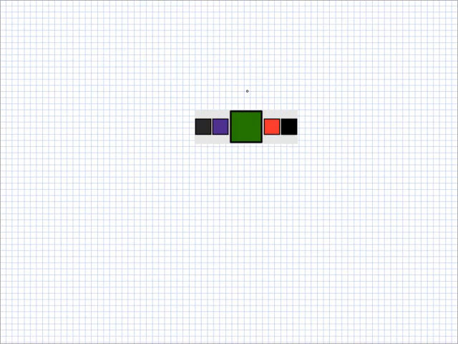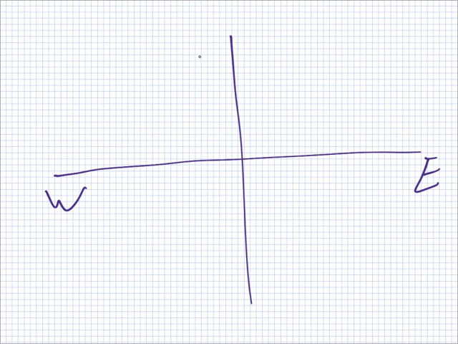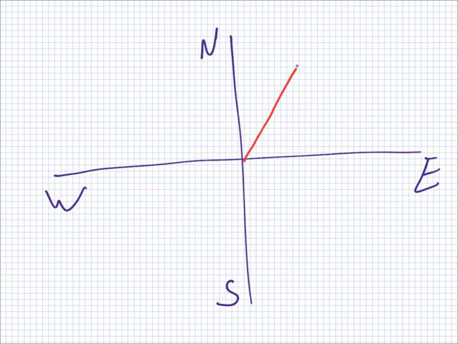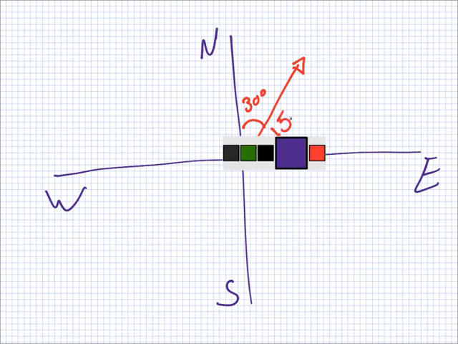You can tell me what the problem was. So, east, west, north, south. It's going 15 kilometers an hour at 30. So it's like this. That's 30 and that's 15 kilometers. So I need this and this.